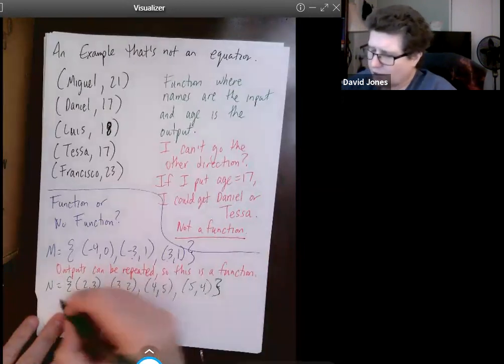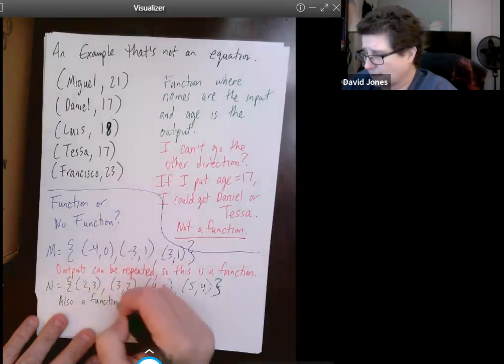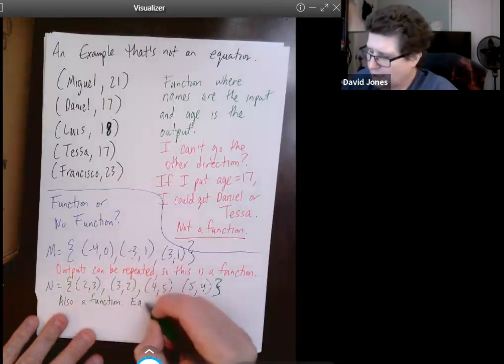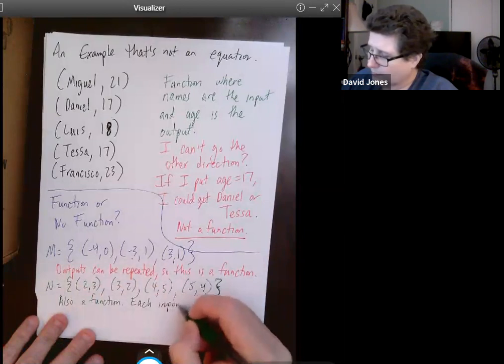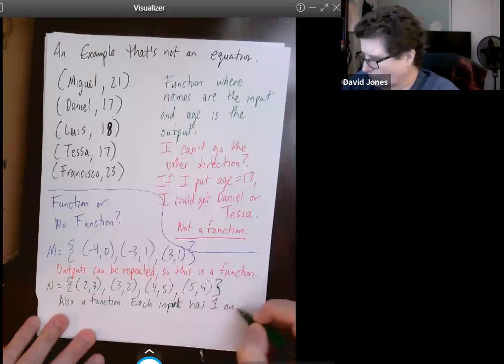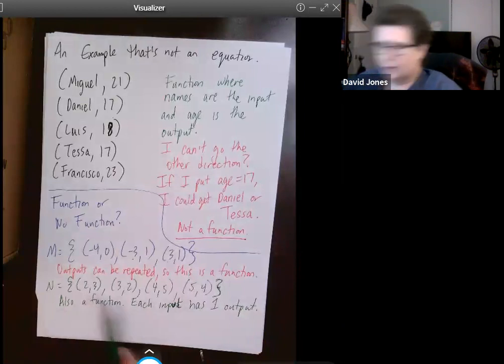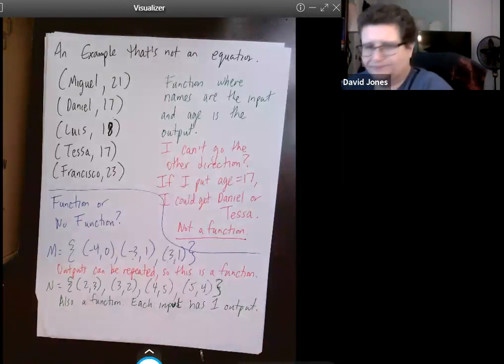This is a function also. Each input has only one output. The numbers switching around is fine. 2, 3 and 3, 2 are different points.